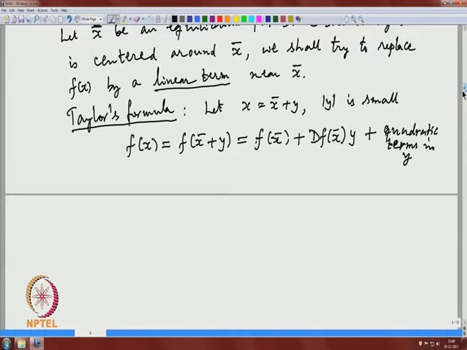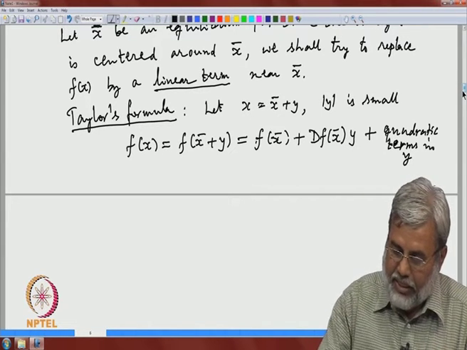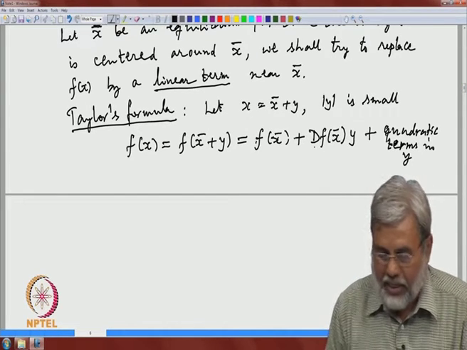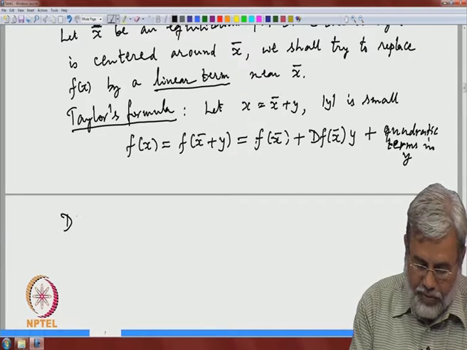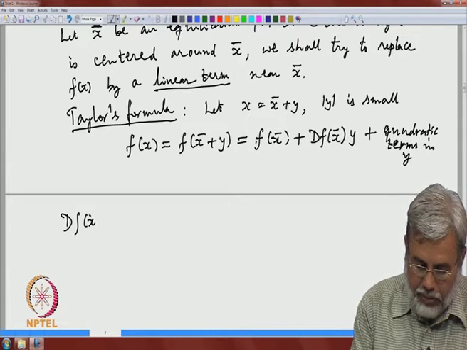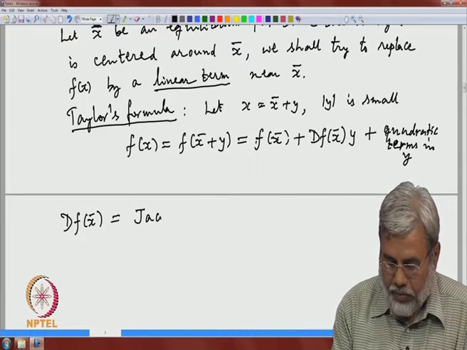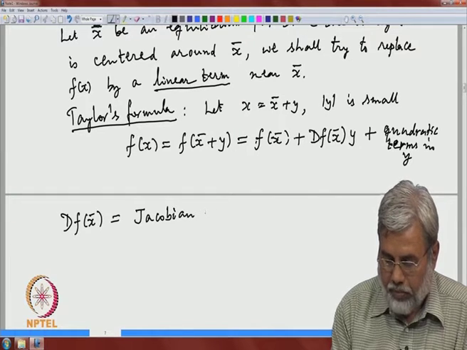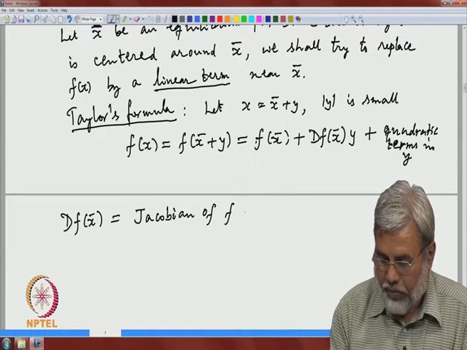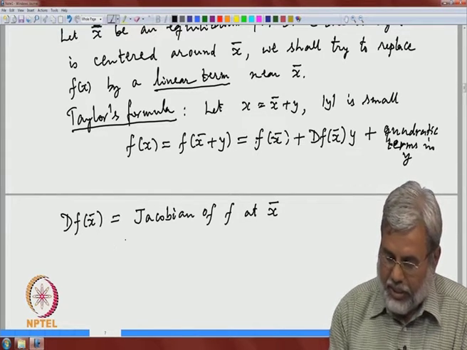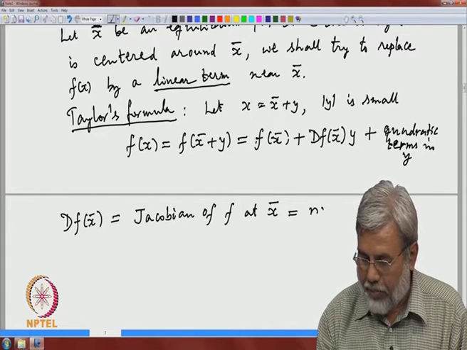So, remember this f means there are f1, f2, fn. So, for each fi you can do it. So, this is a vector, this is a vector. So, y is already a vector. So, this is a matrix. Okay. So, df x bar is called Jacobian of f at x bar. Okay. And this is an n by n matrix.